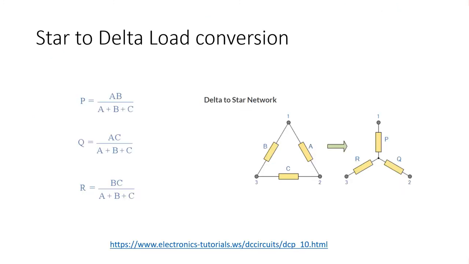Okay, the last topic, which is the conversion of load. So in conversion of load, we are having star to delta and delta to star connection. So here are the 3 formulas for calculating from delta to star connected load.